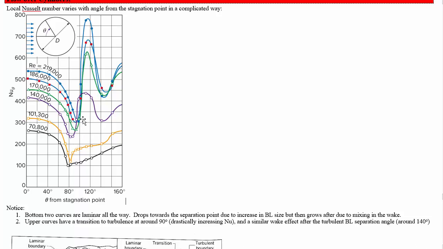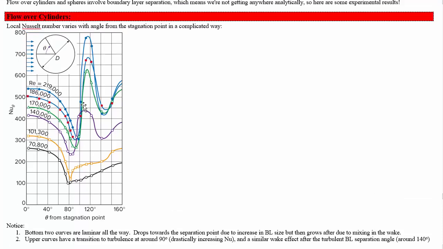So the onset of turbulence really spikes up the convective heat transfer and manages to delay the separation point until further around the cylinder, when you have another increase in the convective heat transfer coefficient from the extra mixing beyond the turbulent mixing that shows up once you get into the wake region.